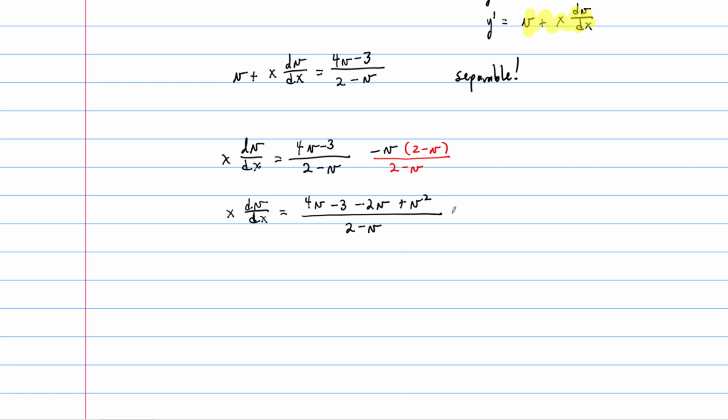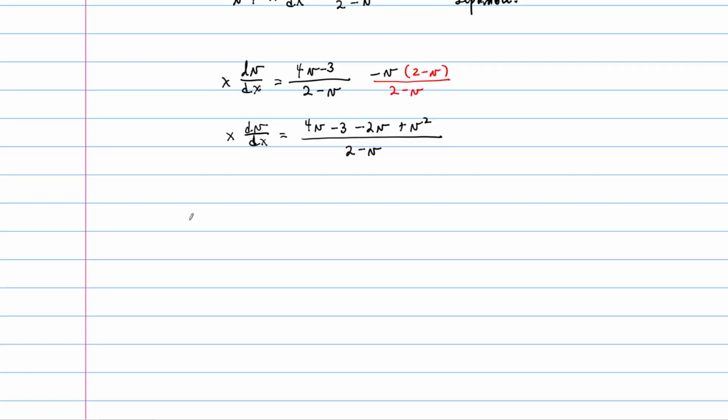The dx is in the numerator, so all this has to come over here, and we need the reciprocal of this on this side. So it's going to end up being, and I'm going to rewrite this a little bit, (minus v plus 2) divided by (v squared plus 2v minus 3) dv equals, on this side, 1 over x dx.